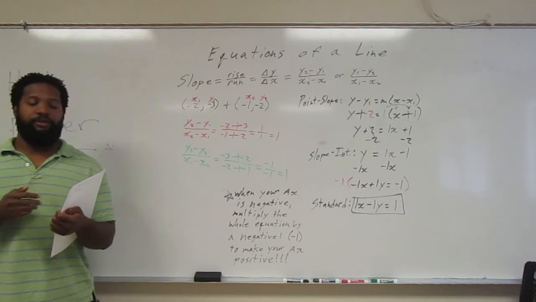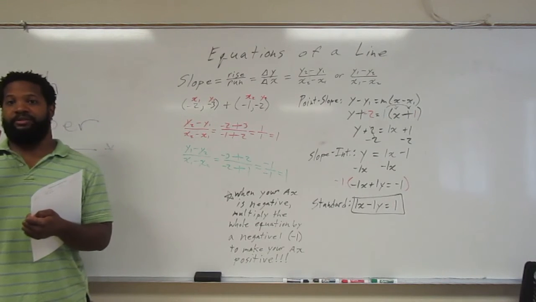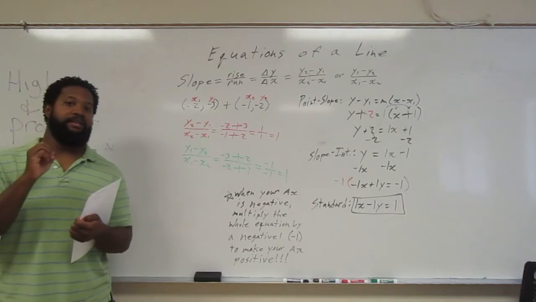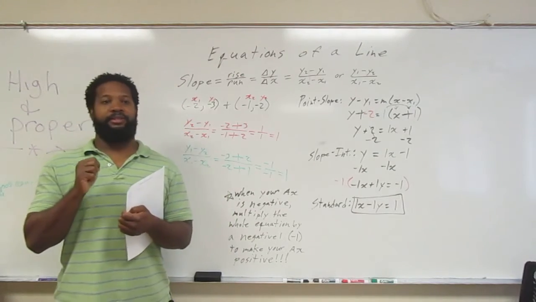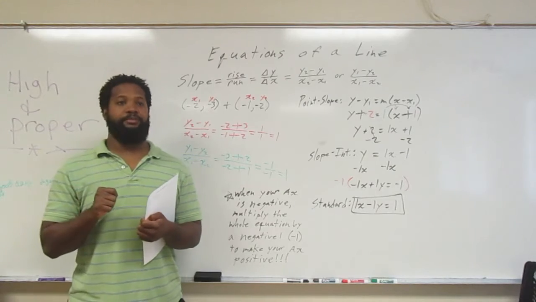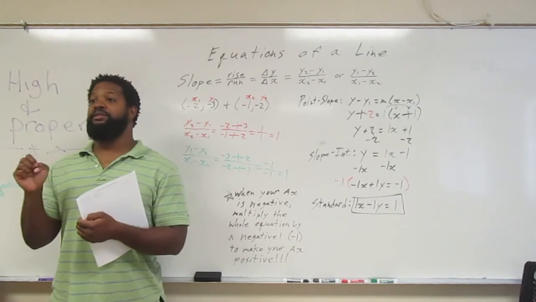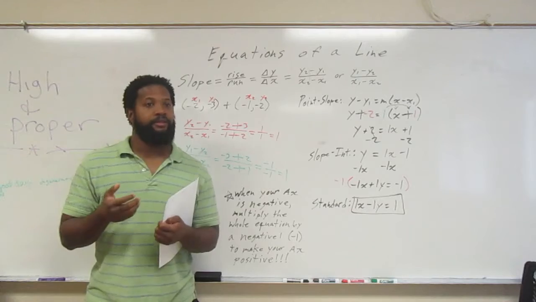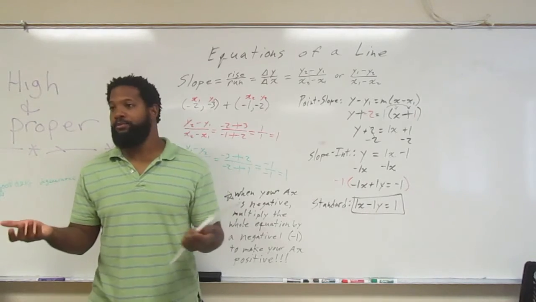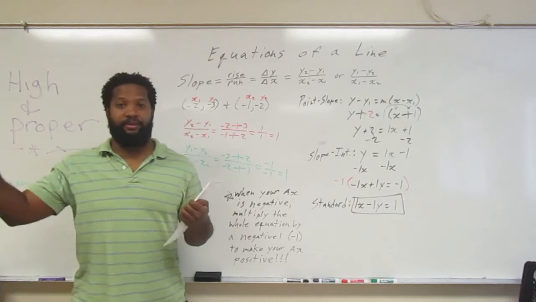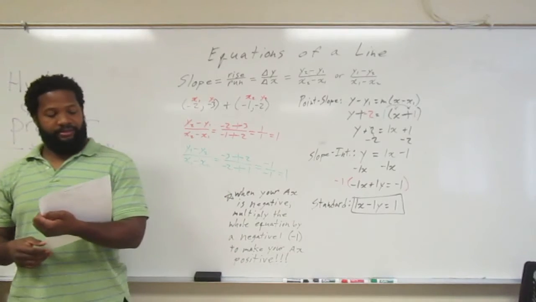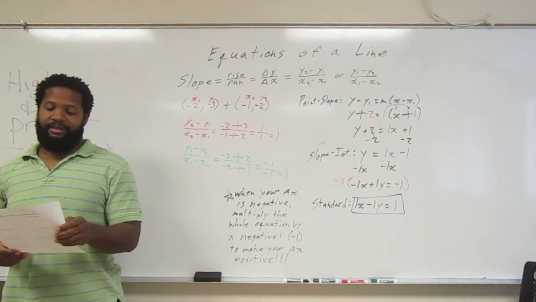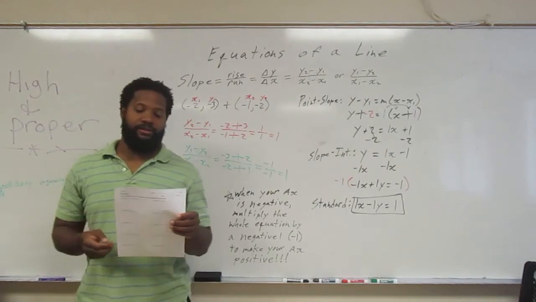Undefined meaning your x's down at the bottom are equal to 0. And nothing can be divided by 0, okay? You cannot have 0 in your denominator spot. If your 0 is in the numerator spot, yes, your slope will be 0, and then you'll just have a horizontal line. Vertical line is undefined, okay? So that's why you'll find out when you work on 3.